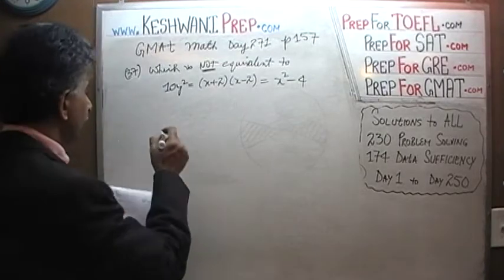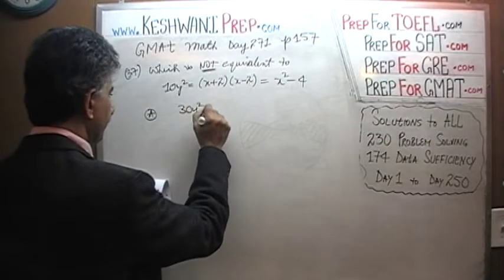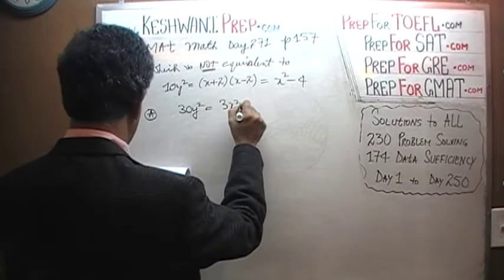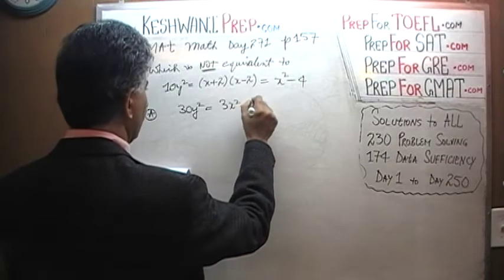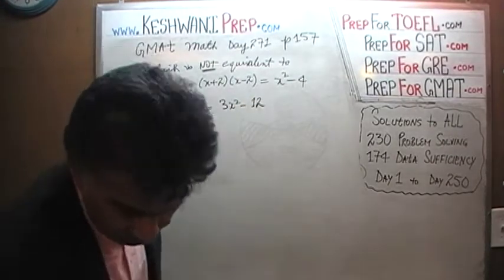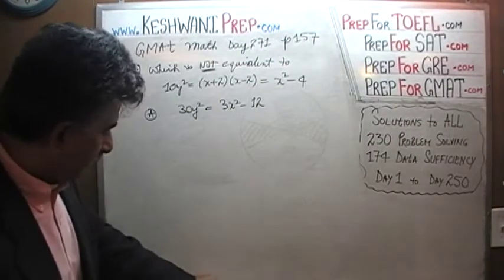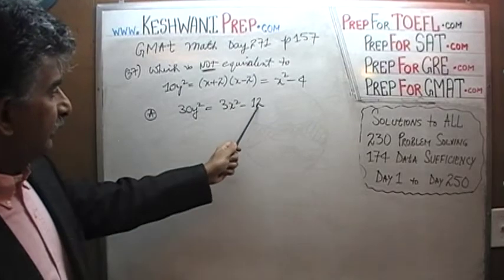Let's look at the first one. Answer choice A says 30y squared is equal to 3x squared minus 12. We see 30 here, which has a factor of 3, and there is a factor of 3 here.